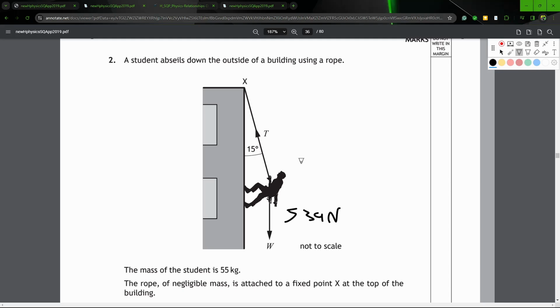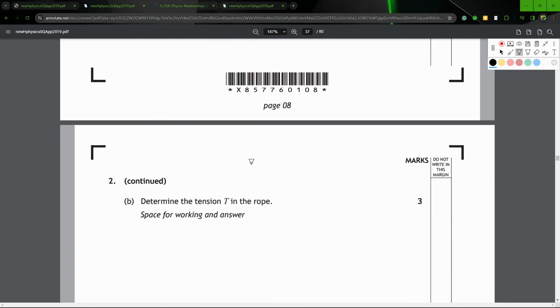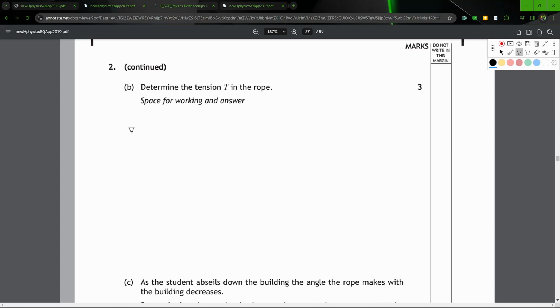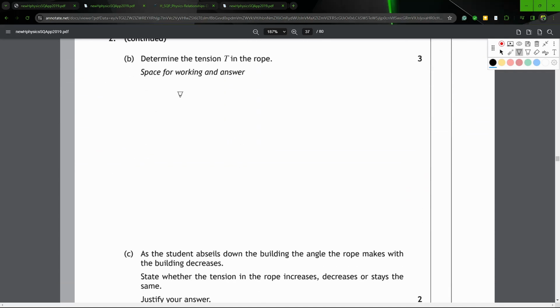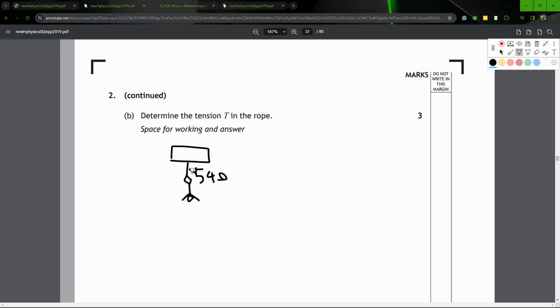So what we can do is remember our cosine and sine laws, because if you think, if I was dangling from a building, try and make it look like I'm not hanging myself. Yeah, like I'm Spider-Man, right? I'm hanging from here, straight down, and I weigh 55 kilograms. There, then it's just going to be 540 newtons of force going straight down. So that's if the angle was 0.